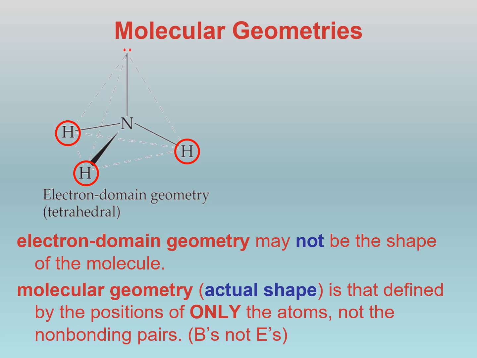So this is just a statement of what we've been saying. The electron domain geometry may not be the actual molecular shape of the molecule. Molecular geometry is the actual shape. These are two different things. They can be the same, but they don't have to be the same.